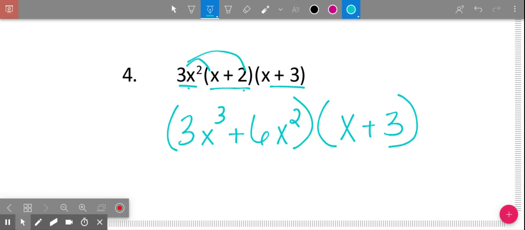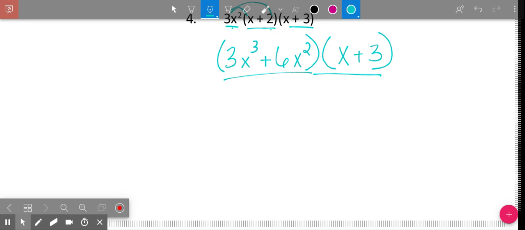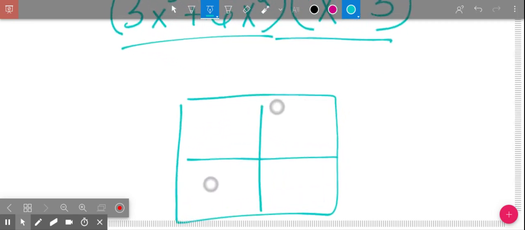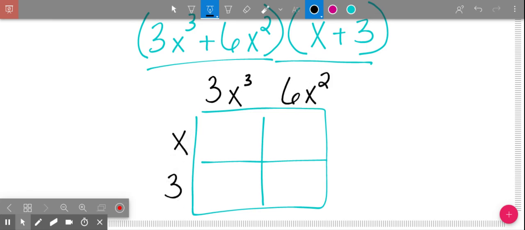Now from here, I have 2 pieces, so now I can set up my box. So this first side, I'll have 3x cubed, 6x squared, and then I'll have x plus 3. So now I can go through and fill in all my pieces.